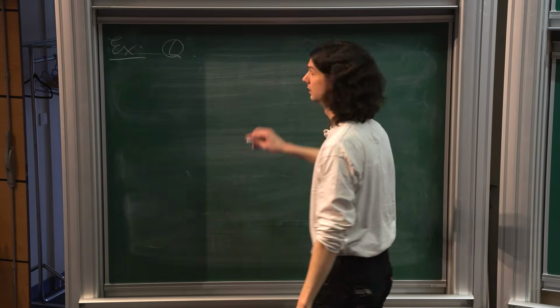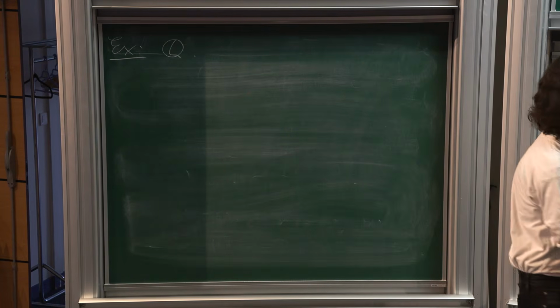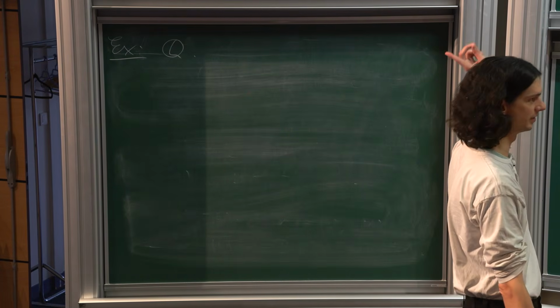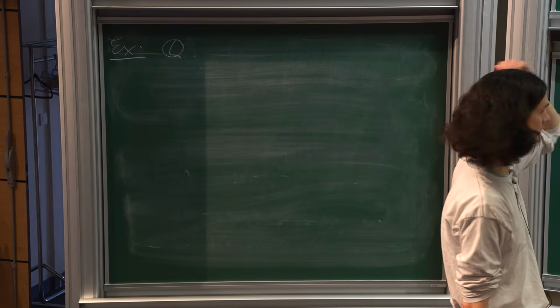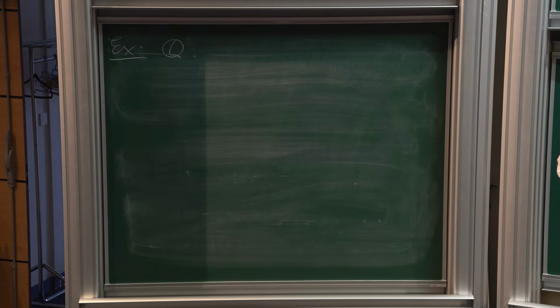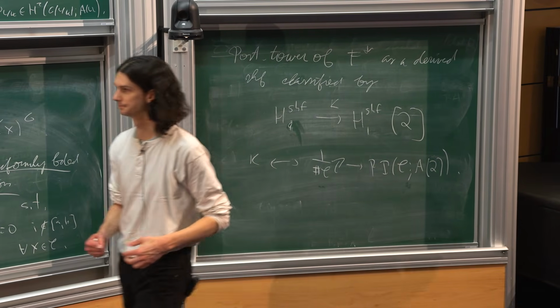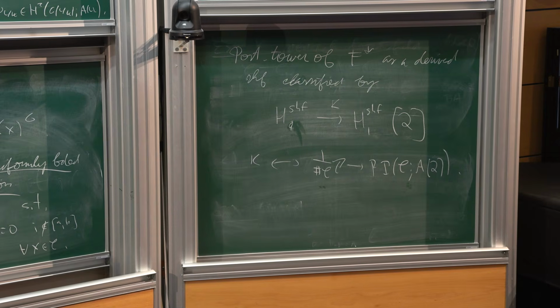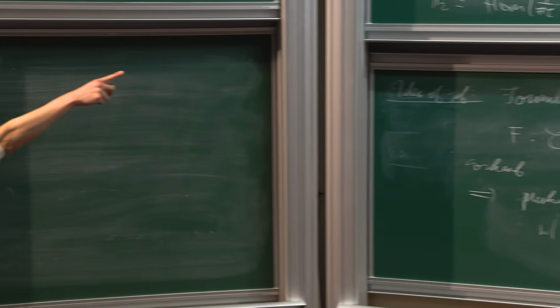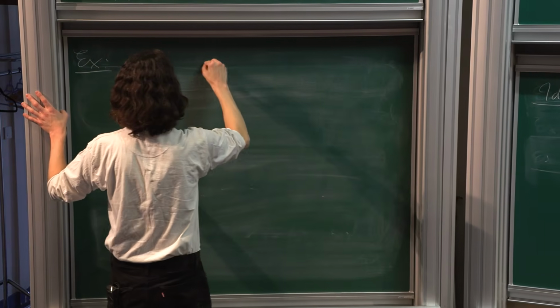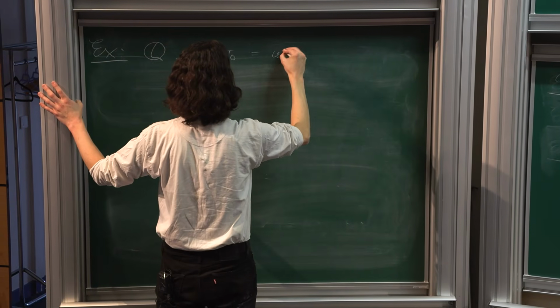Was this the idea of proof of the theorem? No, this was the idea of proof of the theorem. The corollary is kind of immediate from the theorem, because you just analyze this space of maps like this. Okay, so the example for Q: the pi 0 is the usual data.